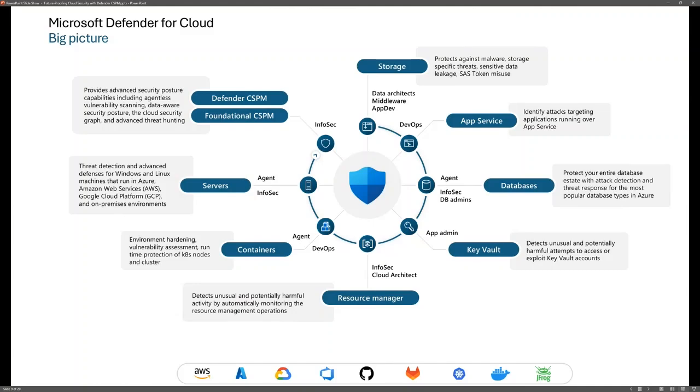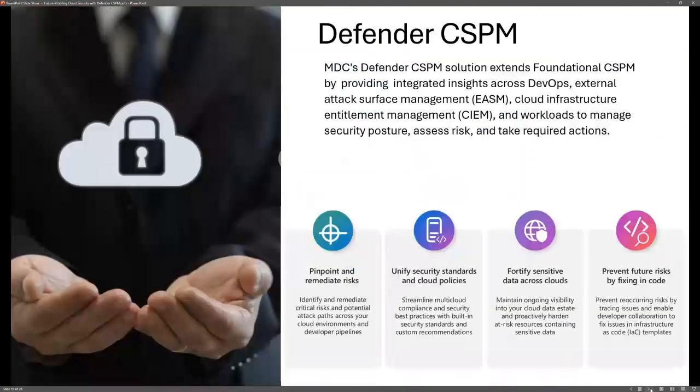Within Defender for Cloud, one of the main capabilities is security posture management. In regard to security posture management, Defender for Cloud offers a free foundational version, but also a premium version. This premium version is called Defender CSPM.